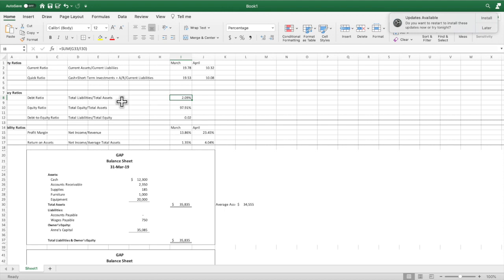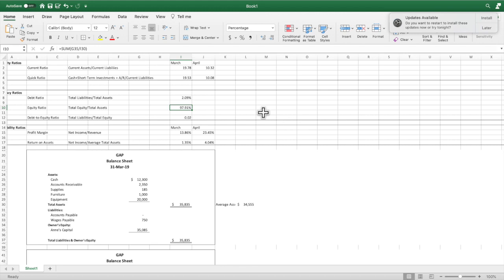So if we take the first one, debt ratio, which is total liabilities divided by total assets, so we equals sum of total liabilities divided by total assets equals 2.09%.